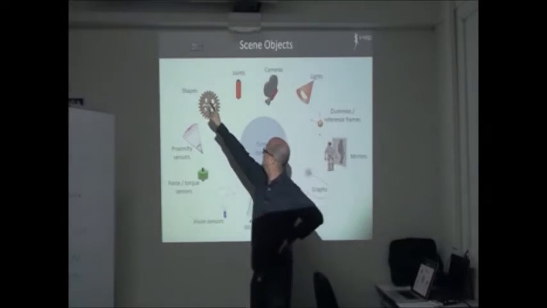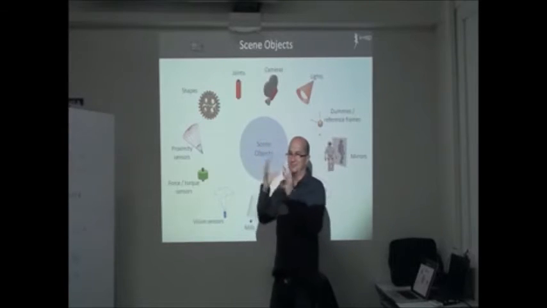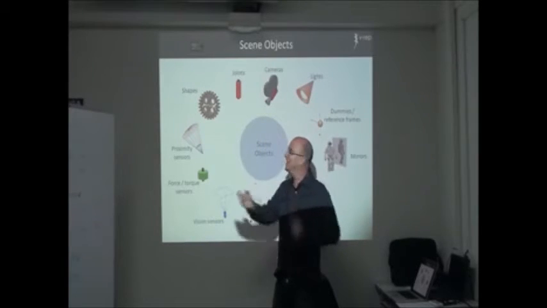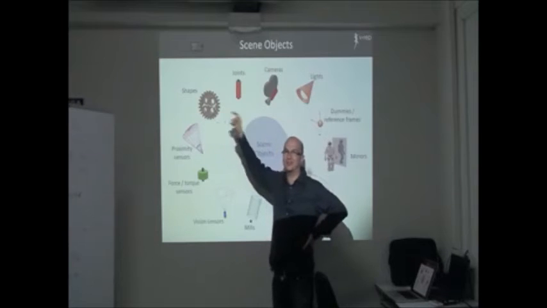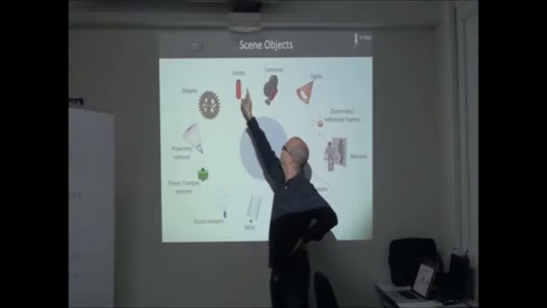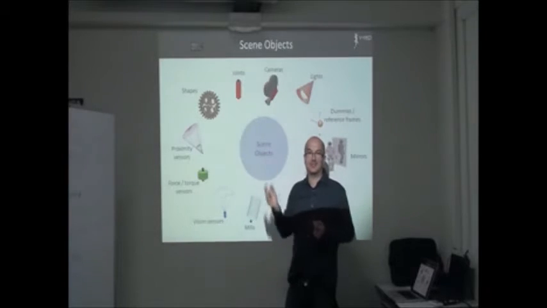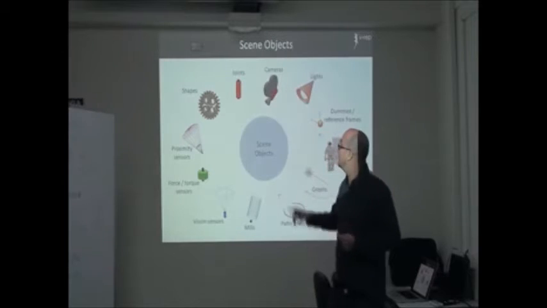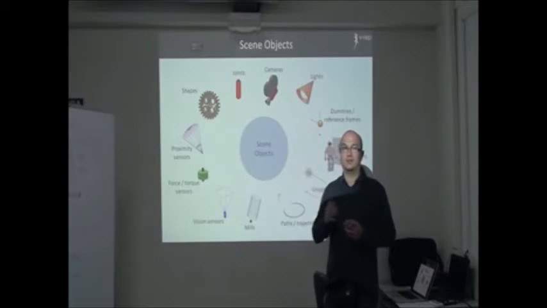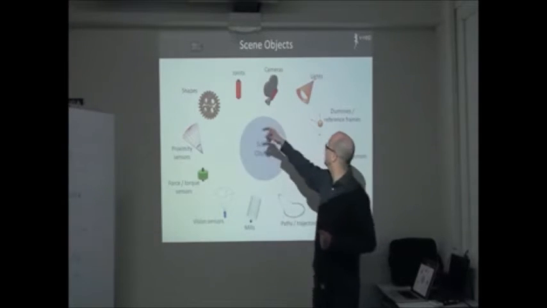Very important ones are shapes, obviously, to have something to show in the simulation, to model the robot or the environment or the sensors. Joints: these objects are motors or simple passive joints, like hinges, or they can be a linear motor or a spherical motor. You see there are several.